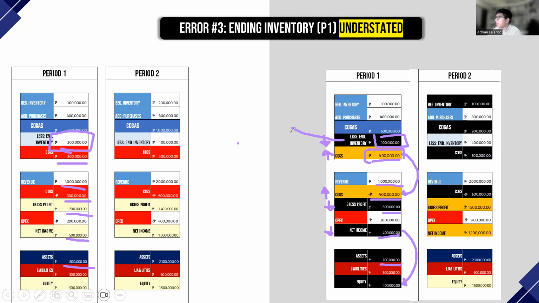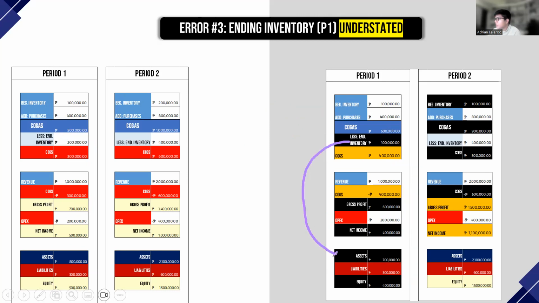Because ending inventory is an asset. So dapat, our asset should be 800,000, but now that it's understated by 100,000, so again, ending inventory, bababa yung asset natin. Kasi kulang siya ng 100,000. So, itong 700,000, the missing 100,000, that it's 800,000, is the ending inventory.